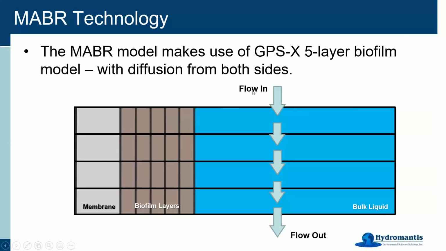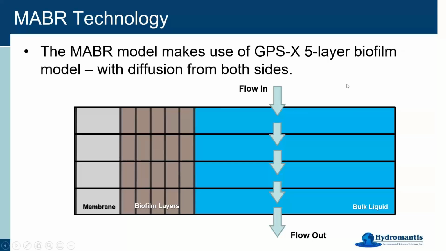This would be the flow coming in at the top of the trickling filter, and then there's an effluent from this particular part of the bulk down to the next one and down to the next one. Each layer interacts with its little section of biofilm, and you get these little sections of biofilm that have different concentrations, and they make up a really interesting profile. You may find your biofilm distribution is a little bit different at the end than it might be at the very beginning.